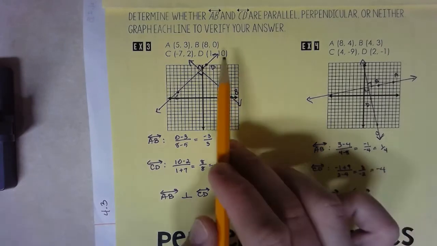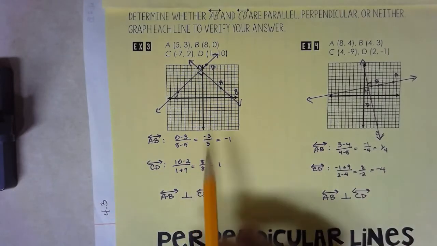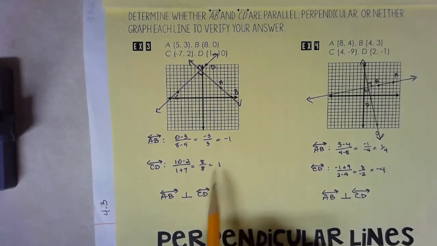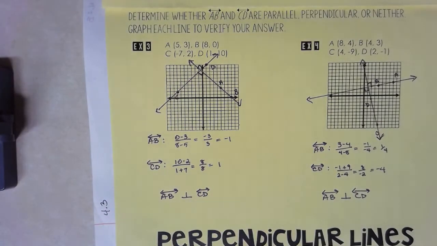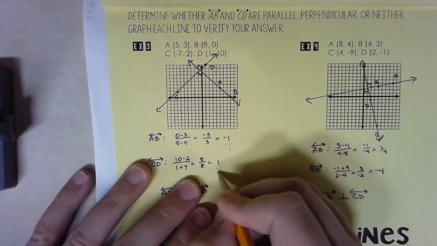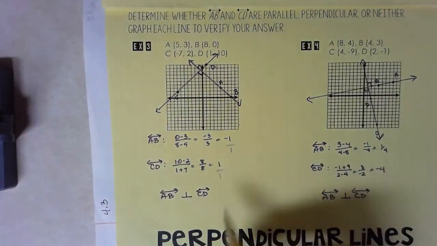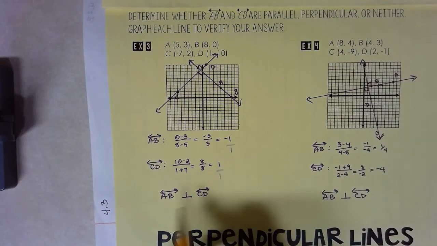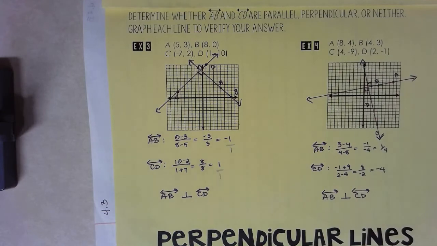Then we look at CD, 10 minus 2 will give me 8, 1 minus -7 will give me 8, so I have 8 over 8 is 1. And so -1 and 1, that looks a little bit weird, but if I was to rewrite these, it would be -1 over 1 and 1 over 1, one's negative, one's positive. If I flip them, they still look like the other one. So these two are going to be perpendicular.